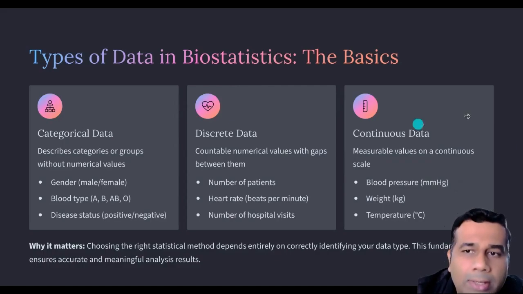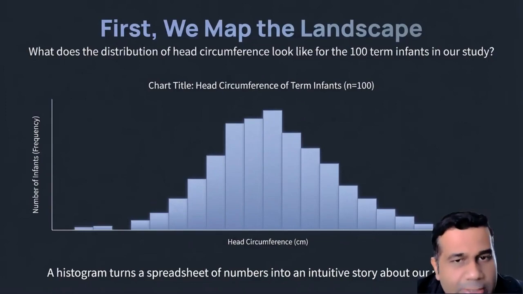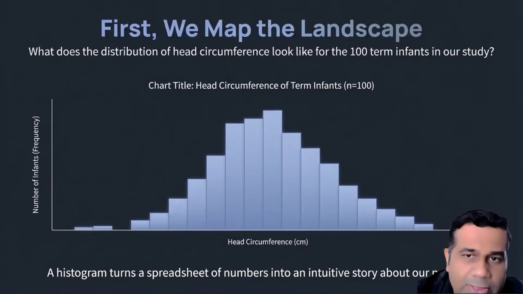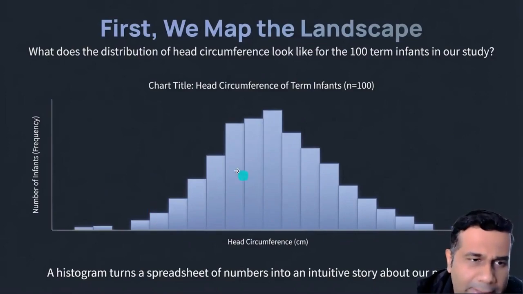Now comes the central tendency part. Suppose you have 50 or 100 infants in your study, and you are looking at the head circumference of these participants. If you represent the values you obtained in the form of a curve graph like this on an x-axis and y-axis, you will notice that the majority of the infants have their head circumference in this central area, within a normal range.